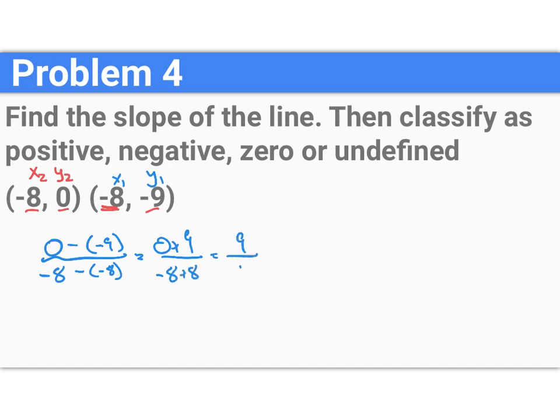And you got 9 over 0, and this is undefined. And when you have an undefined slope, you have a vertical line. Vertical lines are undefined. They are not functions because they do not pass the vertical line test, which means you have more than one y for a particular x.